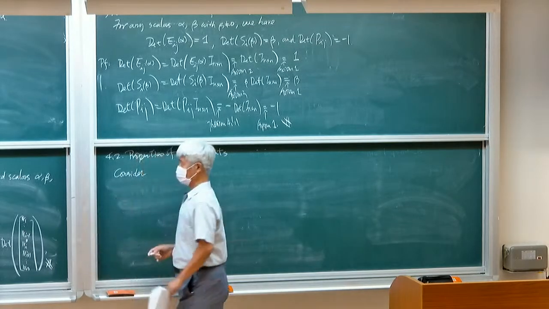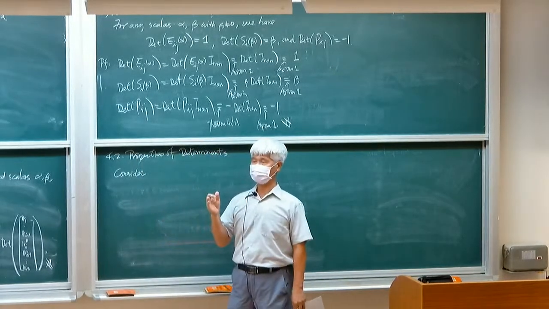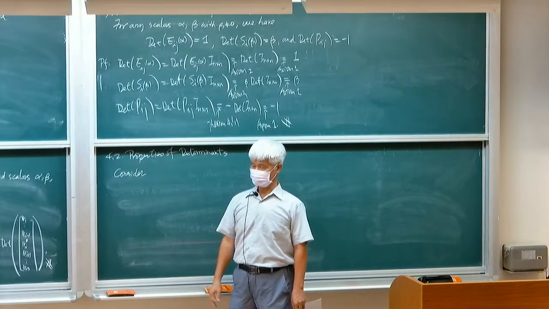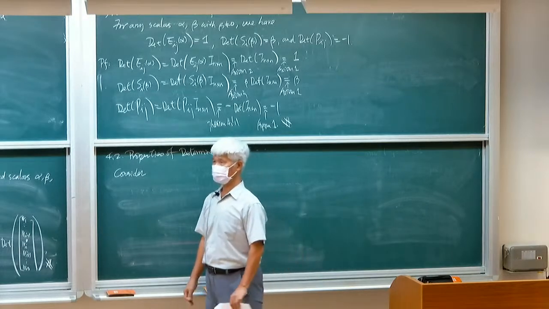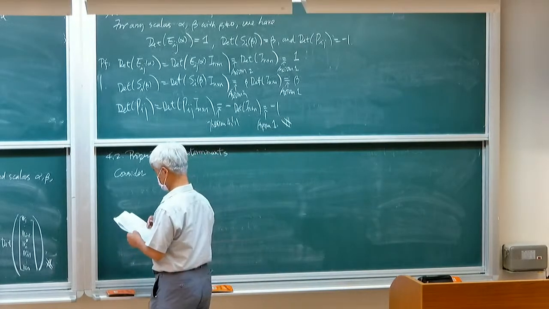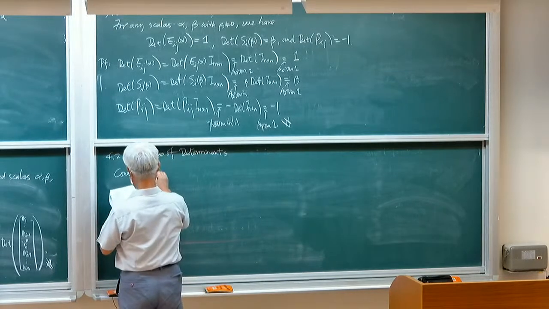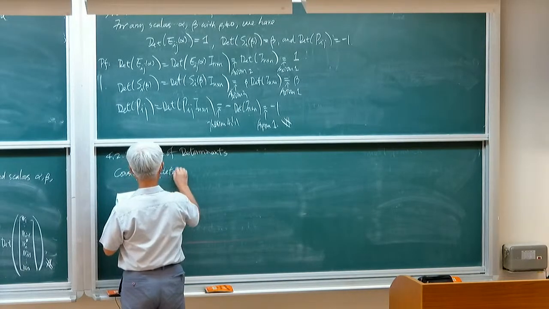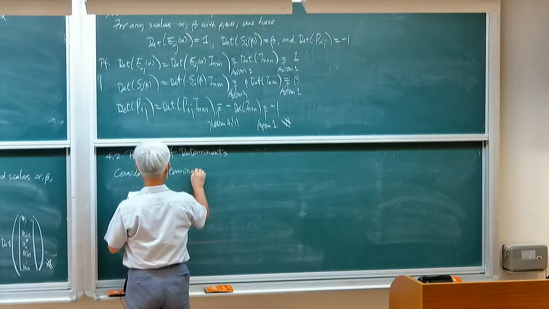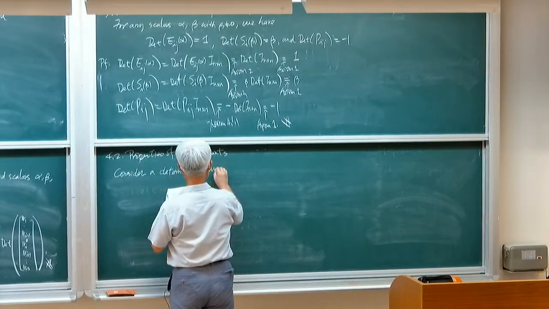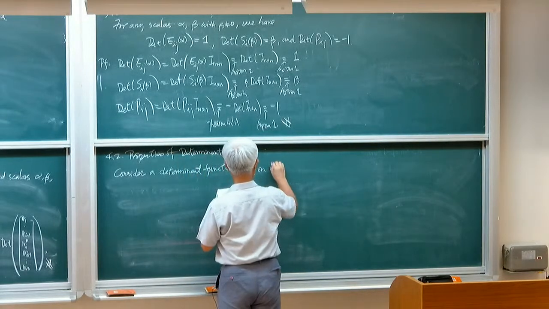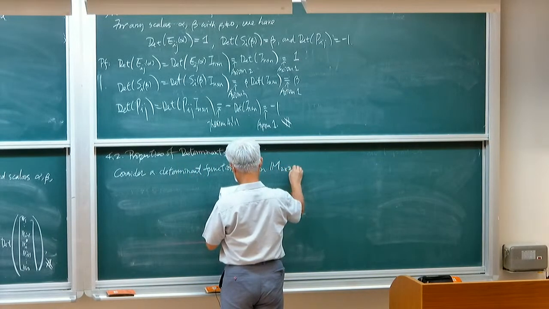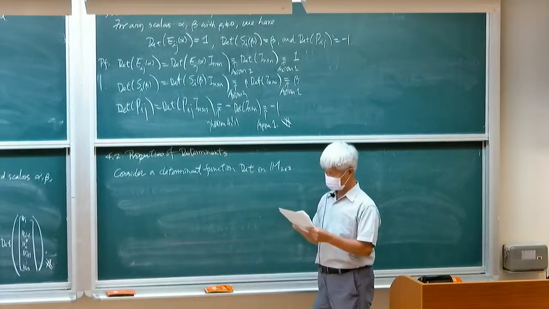But we haven't verified the uniqueness of the determinant function on 2 by 2 matrices yet. So consider an arbitrary determinant function, if it exists, on M 2 by 2.